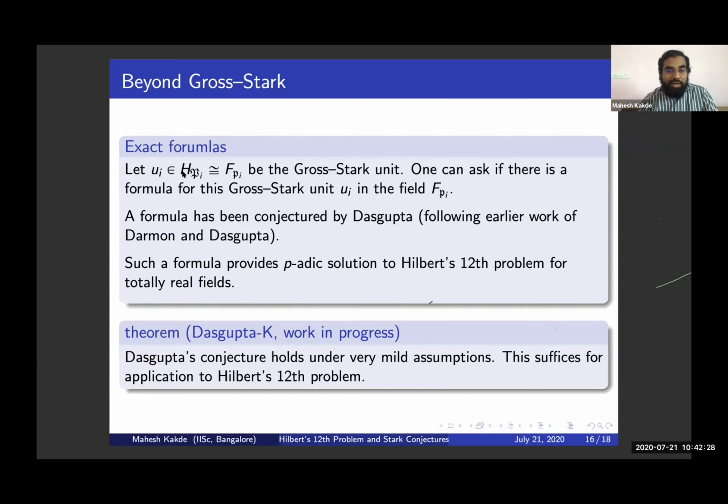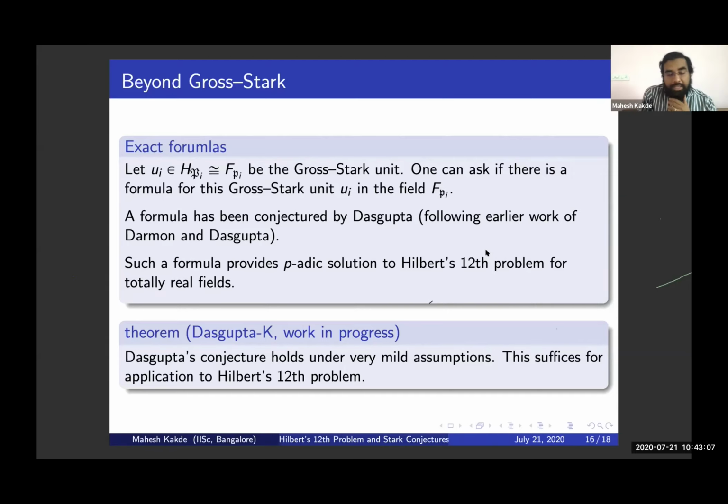So this Brumer-Stark unit lives in H completed at capital P, but that's the same as F completed at small p. So you can ask, can you give a formula for this U in F completed at P? More or less in his PhD thesis, Samit gave a formula for this. He conjectured a formula for this Brumer-Stark unit as an element of this p-adic field.